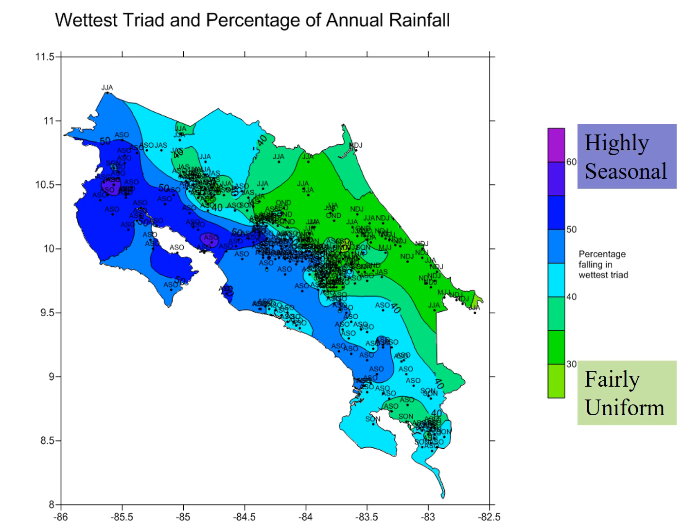So this is indicating that rain is falling fairly consistently throughout the year in this particular region. By contrast, the Pacific slope is highlighted by blues and going to dark blues or even purples. This is telling us that very high percentages, 50 to 60% of the annual precipitation, is falling in the 3 months indicated as being the wettest.